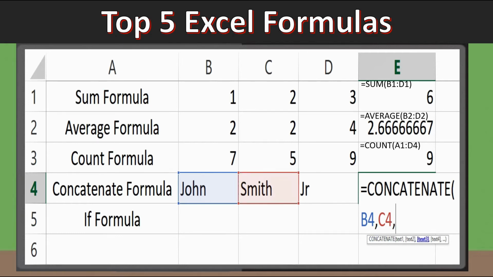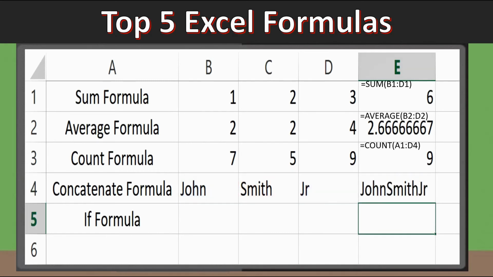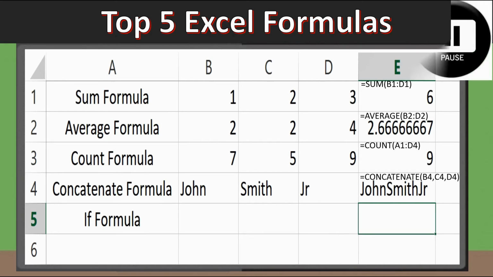Then in our case, we have 3 values, so we select our third box, and then we enter our close parentheses. Once you have all of that, you press enter, and you will see that all those values are brought together into one cell. So here is your formula. Please click on pause and practice.